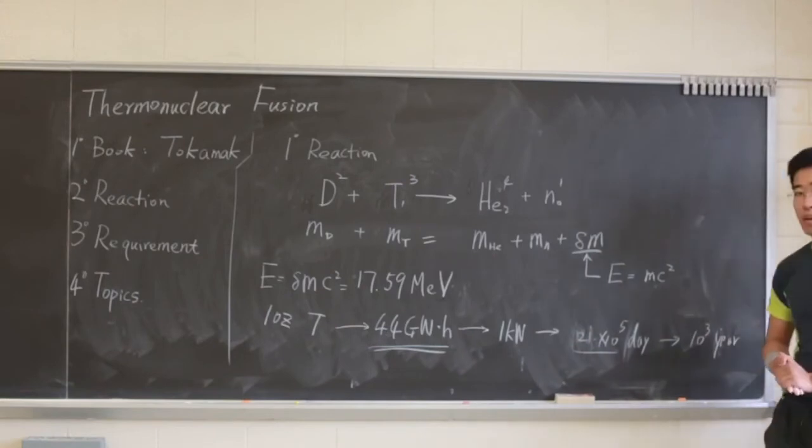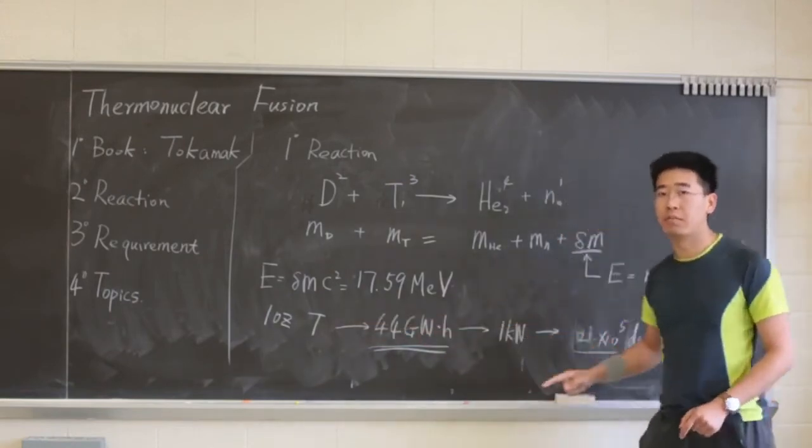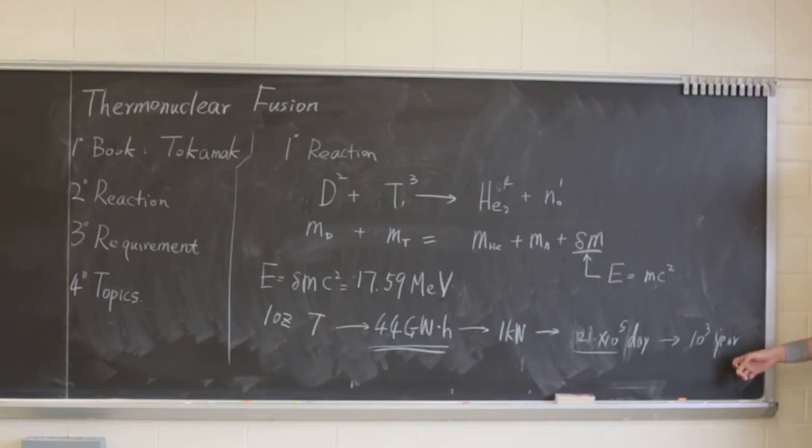So 1 ounce of tritium can power one air conditioner for 1,000 years.